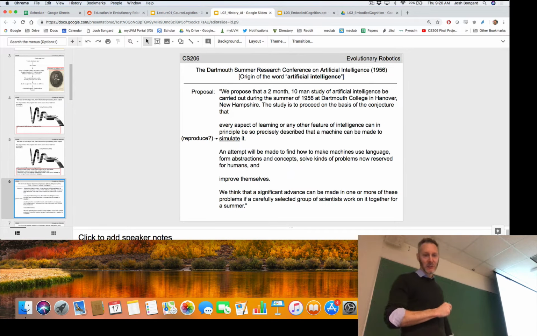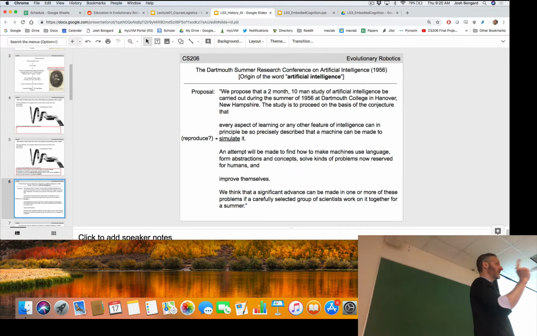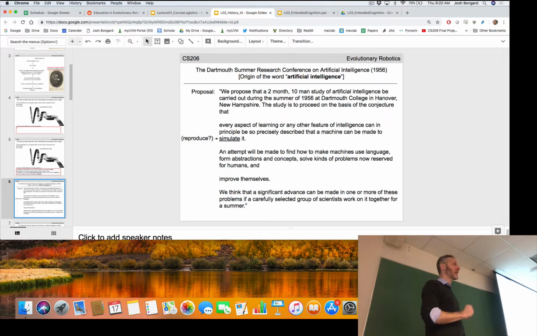We think that a significant advance can be made in one or more of these problems if a carefully selected group of scientists, you know who that group is supposed to be, the group of scientists writing this proposal, give us money, we'll get together for the summer, and we'll make significant progress in AI over the summer of 1956. How did they do?